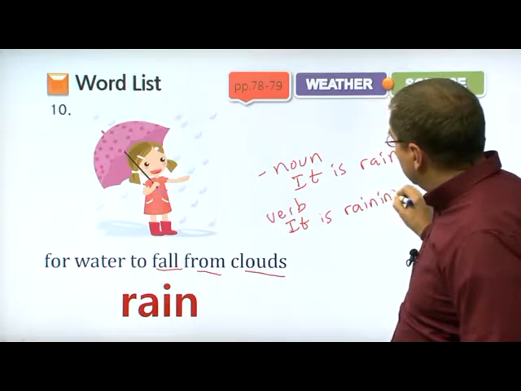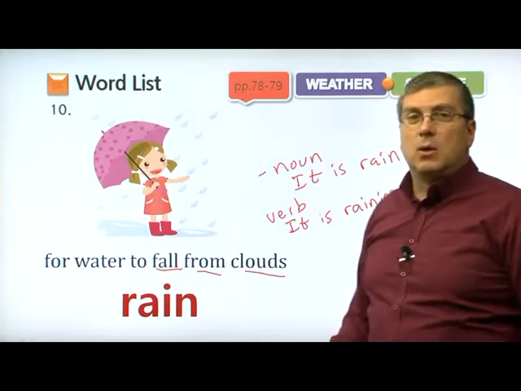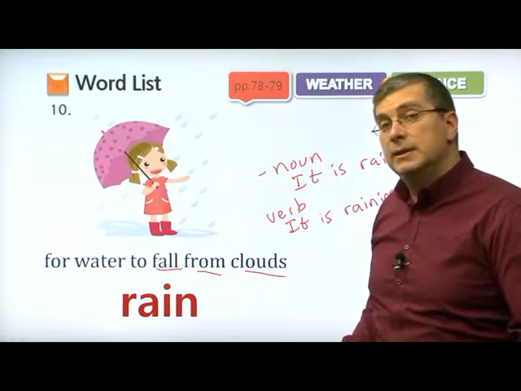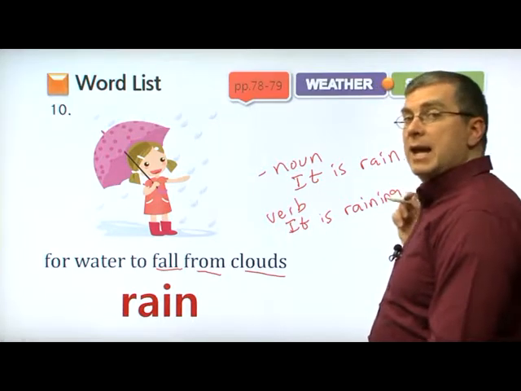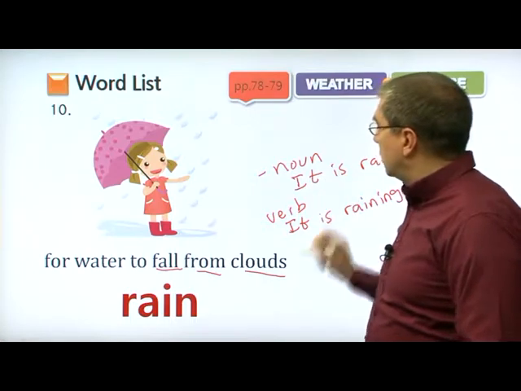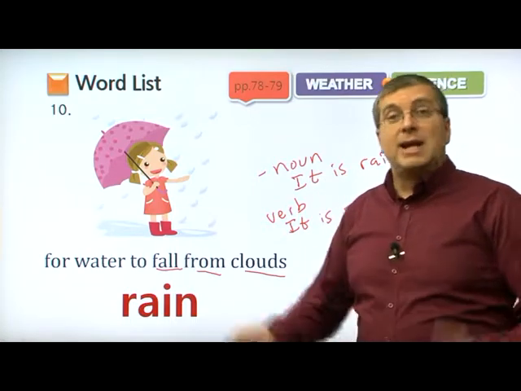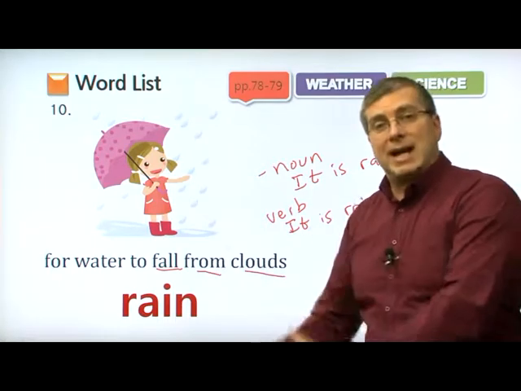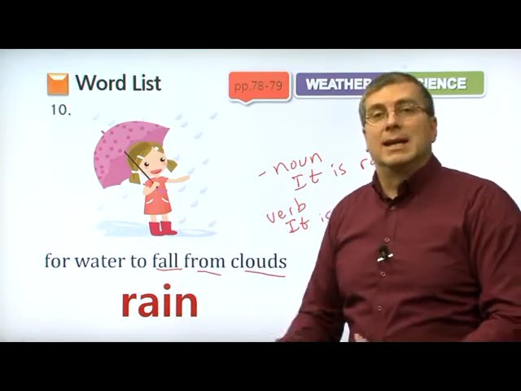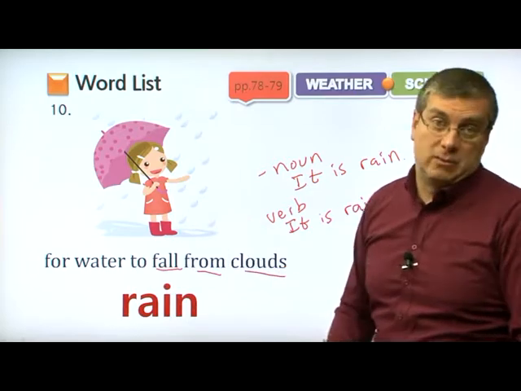It is raining today, or it will rain tomorrow. It rained yesterday. So, noun or verb with rain. It is rain, a lot of rain, a little rain. Noun. Verb, it is raining. It will rain. It rained this morning.